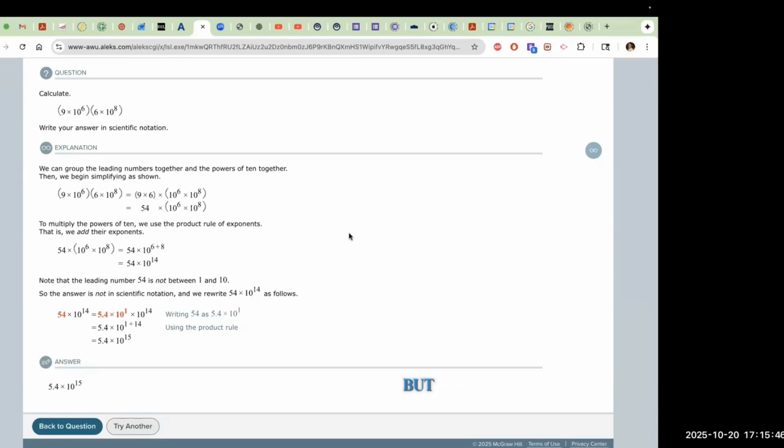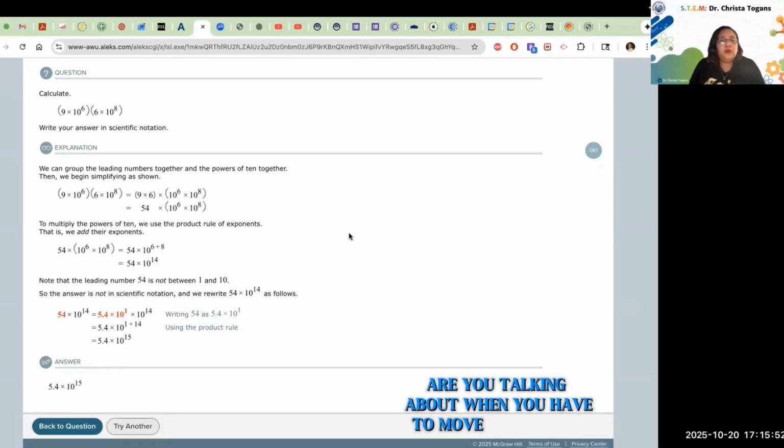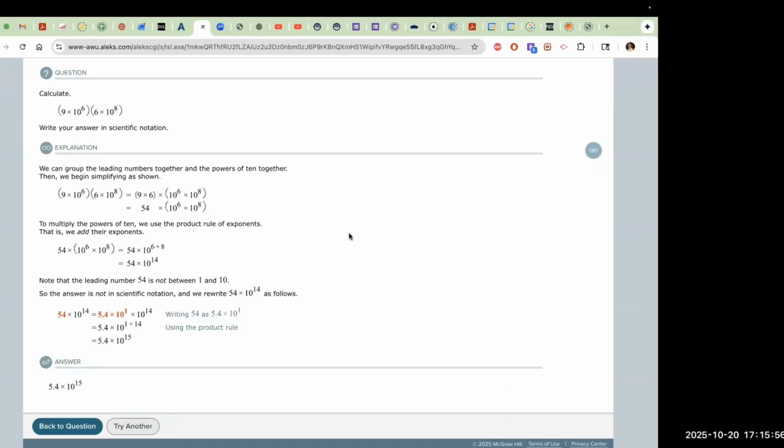Then you can stop there. But if you don't, then there are more steps afterwards, if that makes sense. Are you talking about when you have to move the decimal with the 54 to 5.4? Correct. And taking away an exponent and all that.